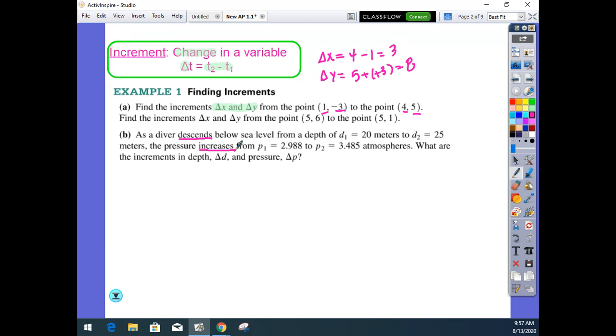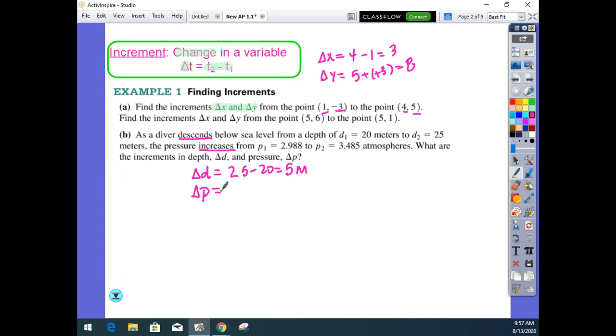All right, so what are the increments in depth? Our change in D is 25 minus 20. And when there's labels, make sure that you label your stuff.